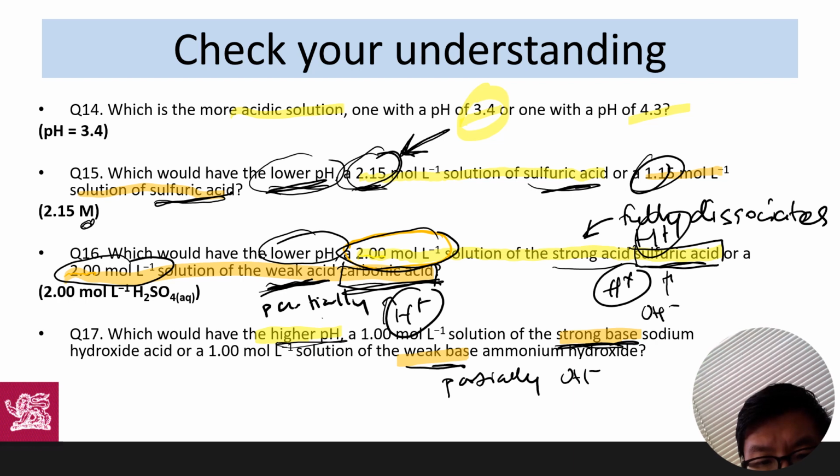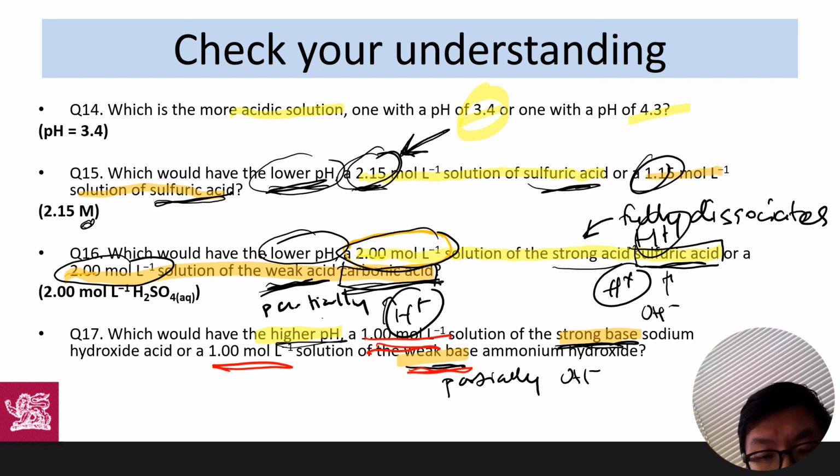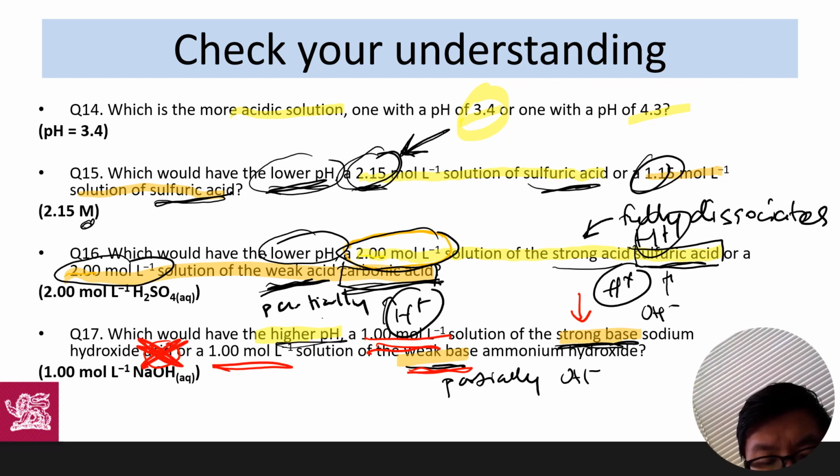So if the concentration is the same, then the weaker base will have a lower pH than the stronger base. I don't know why this word acid is there. That's wrong. That needs to be gone.